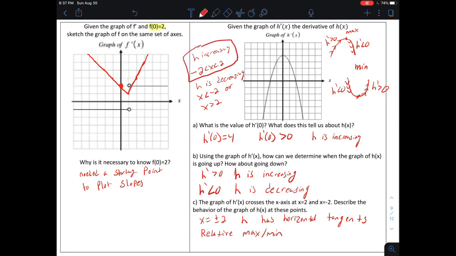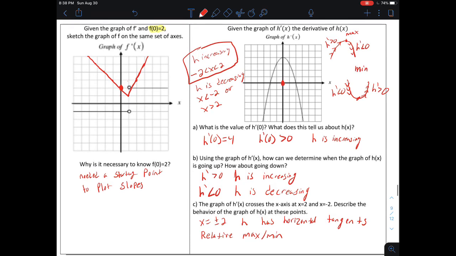So we try to think about, well, how can I make a graph that does that? So at 2 or -2 is when I have to change what it is I'm doing in terms of increasing or decreasing. And we don't have a point where the graph crosses through, so I'm just going to make a sketch that passes through the origin and try to meet all these characteristics. So it has to be increasing from -2 to +2, and then decreasing on the outside, so bigger than 2 or less than -2.